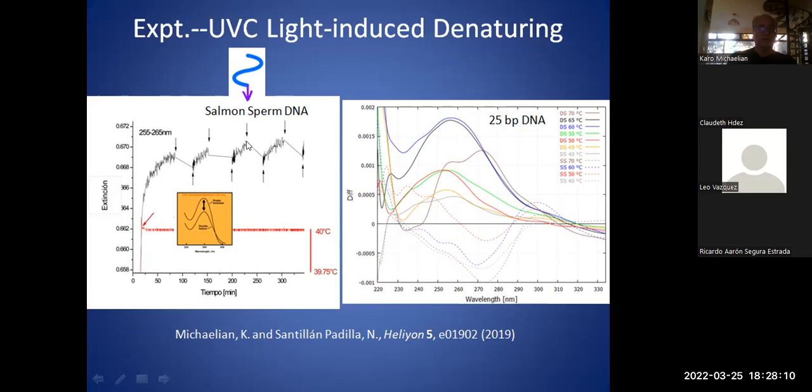Then off and on and off and on. So we repeat this, and we see that we are causing denaturing by this UVC light. And that's the first step in replication. That's what we wanted to show, that we could get replication using only the physical mechanisms which were available at Earth's surface.